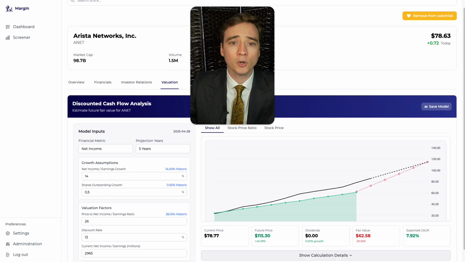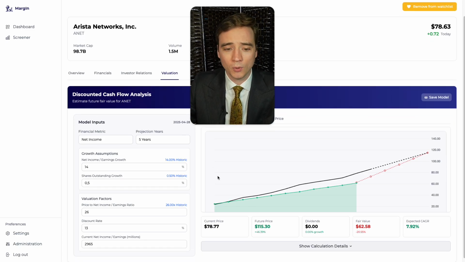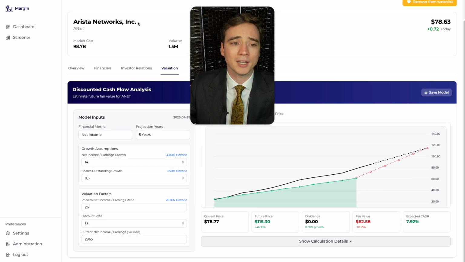This is the model that we use here to evaluate the fair price. So as you can see here, I use the data from Arista Network, okay? So the price now is 78. It was 72 when I wrote this down.